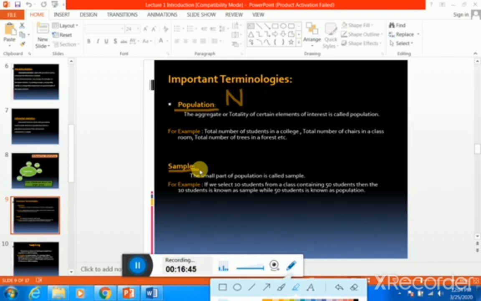So a sample is a part, portion or subset of your population. Like suppose I have a bag of rice. The whole bag full of rice is the population. And when I take a handful of rice just to check the quality, that single handful is simply known as sample.